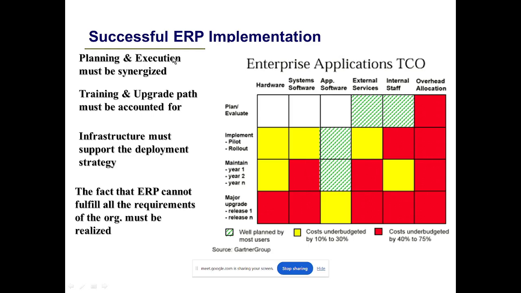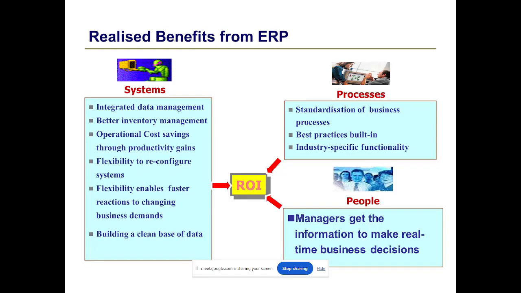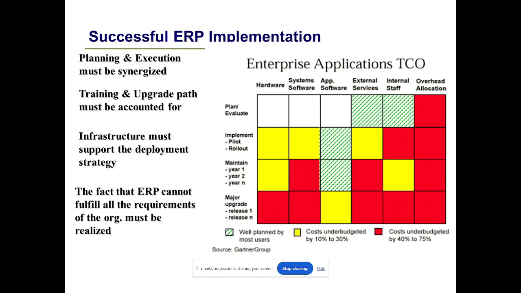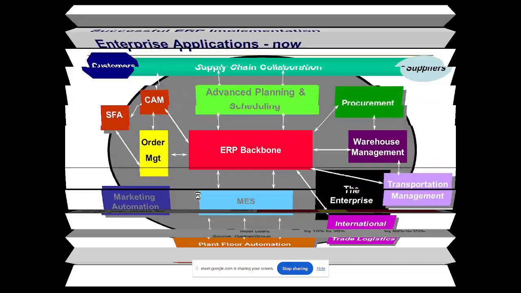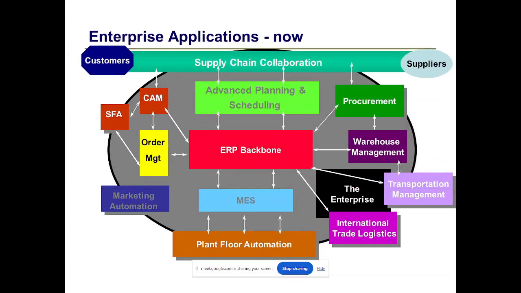A successful ERP implementation story, or this picture, says the advantages. That means if, as in the previous introduction topics, you implement SAP ERP, then what are all the benefits to the customers? This slide explains.